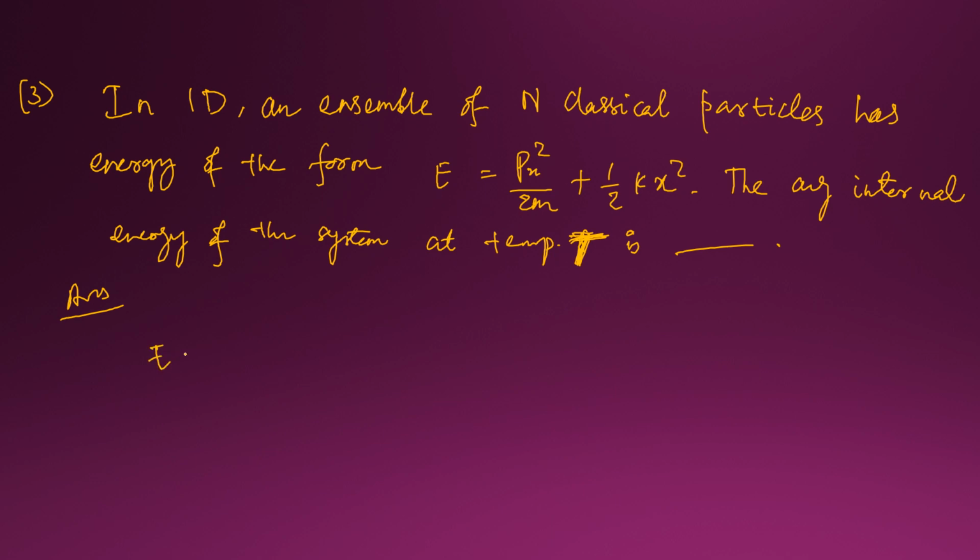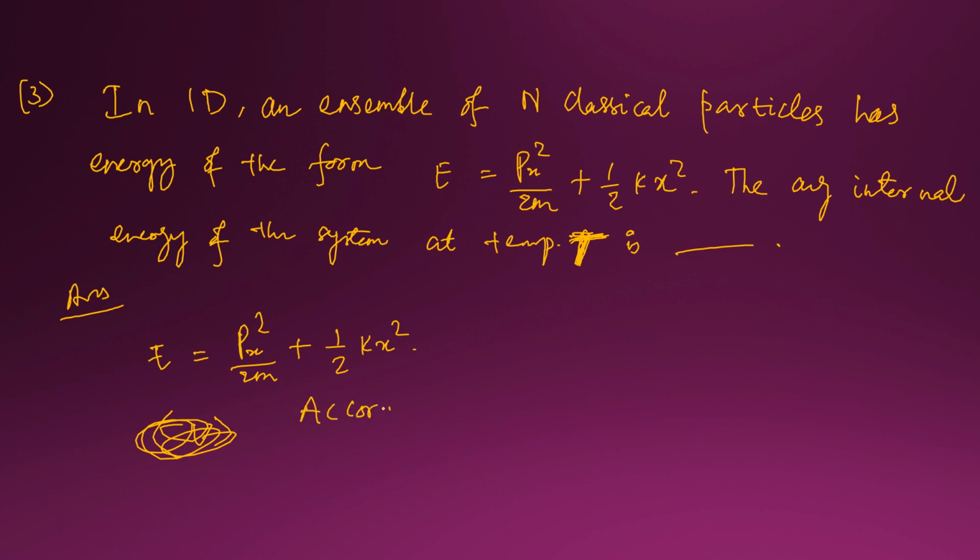So E is given as px square by 2m plus half kx square. Average internal energy, how will you calculate it? We'll use the equipartition theorem here.